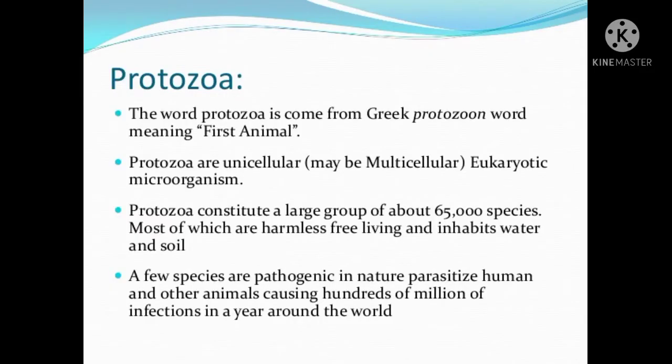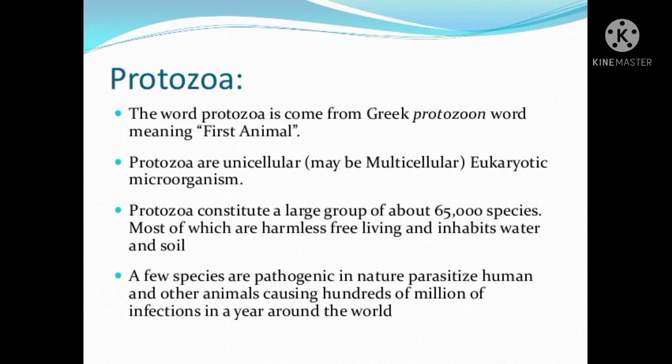Next is the protozoa. The word protozoa comes from the Greek word protozoon, which means the first animal. Protozoa are unicellular eukaryotic microorganisms.